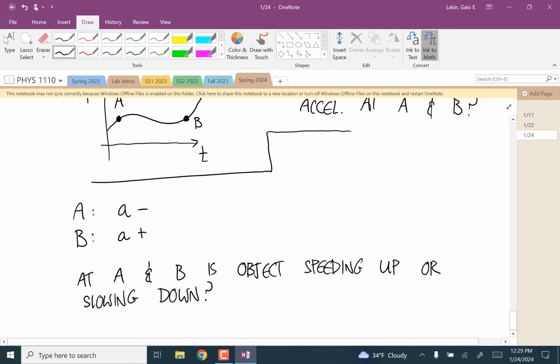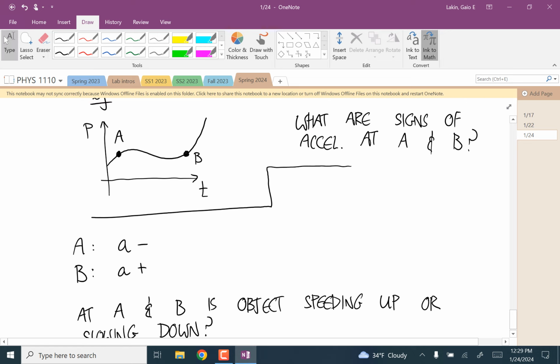Well, to answer that question, you need to know not just the sign of the acceleration, we know those, you also need to know the sign of the velocity, because a thing is speeding up if acceleration and velocity have the same sign, and it's slowing down if they have opposite signs. So let me draw the two nearby points here. That is the tangent line at A, and let me do the same thing at B. That's the tangent line at B.